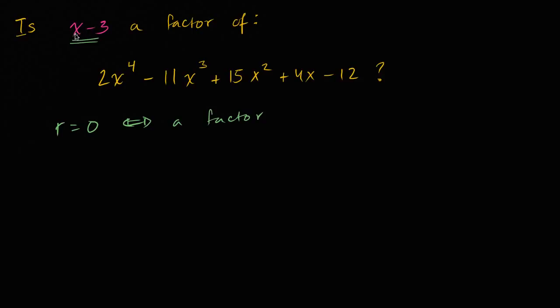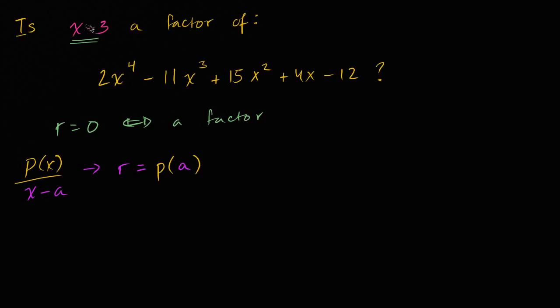The polynomial remainder theorem tells us that if we take some polynomial p of x and divide it by some x minus a, then the remainder is just going to be equal to our polynomial evaluated at a.